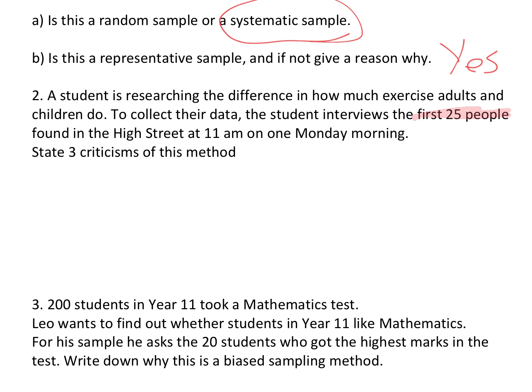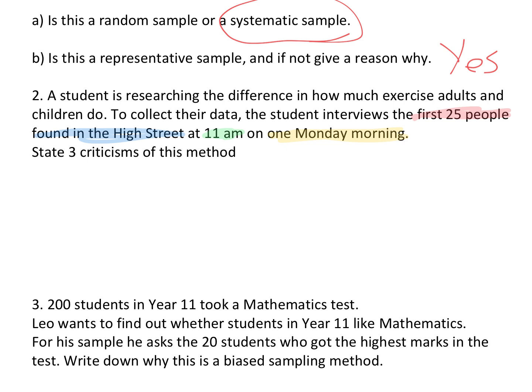Secondly, it's found in the high street. Thirdly, it's 11 a.m., and to have another colour, it's one Monday morning. So there's 4 things. Hopefully I can get 3 reasons why that's maybe not so good.